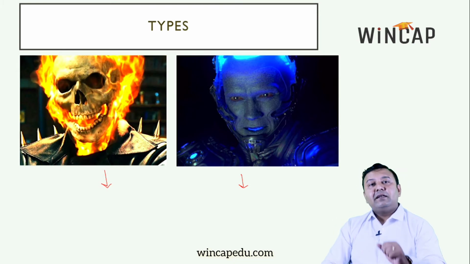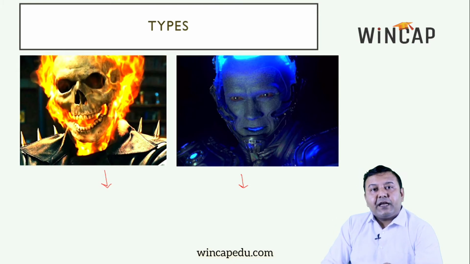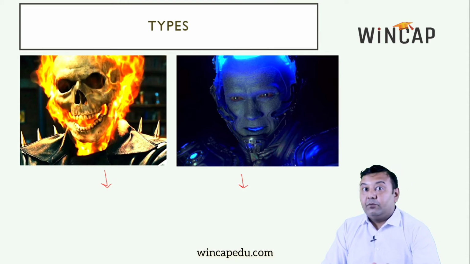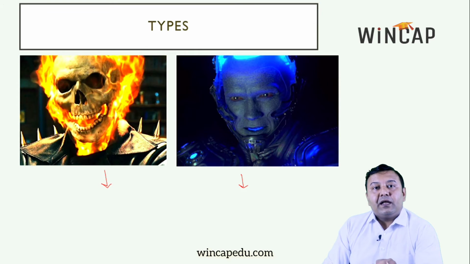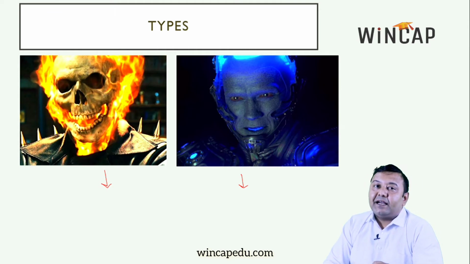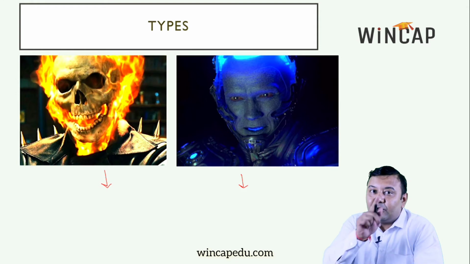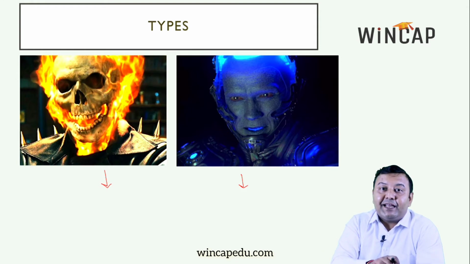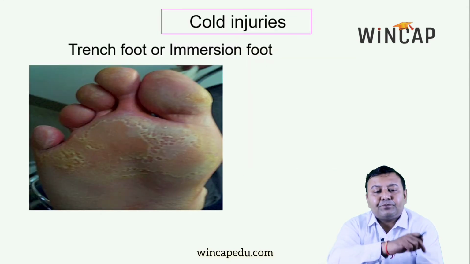Cold, on the other hand, does cause its own share of problems. Now you have scenarios like trench foot or immersion foot, wherein the cold and the damp together mix up and wreak havoc on the body. You also have a dry cold condition known as frostbite. Now we're going to be looking at all of them today in this particular presentation.